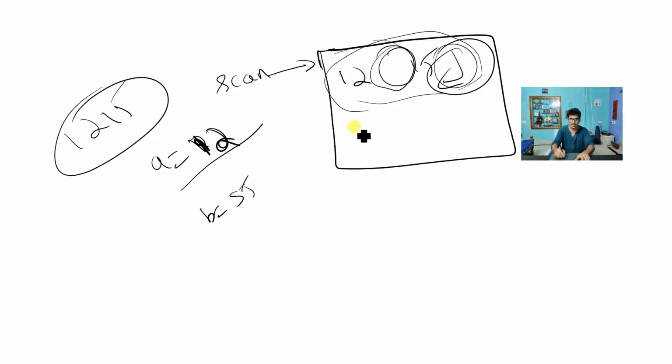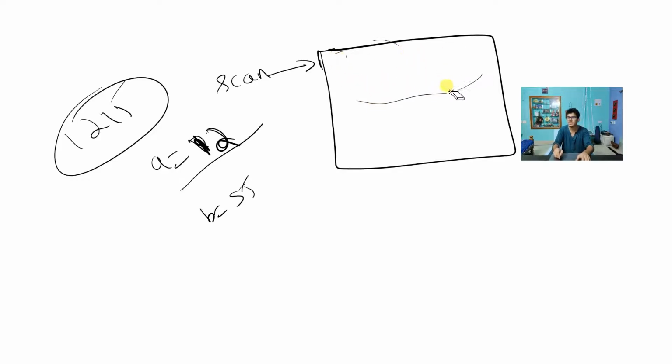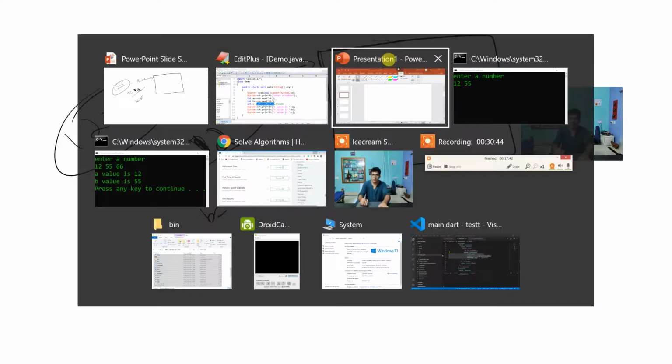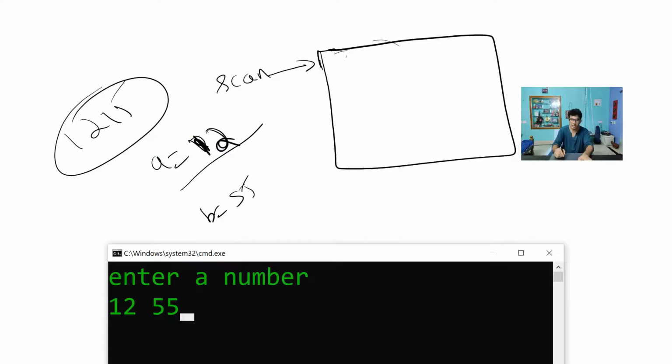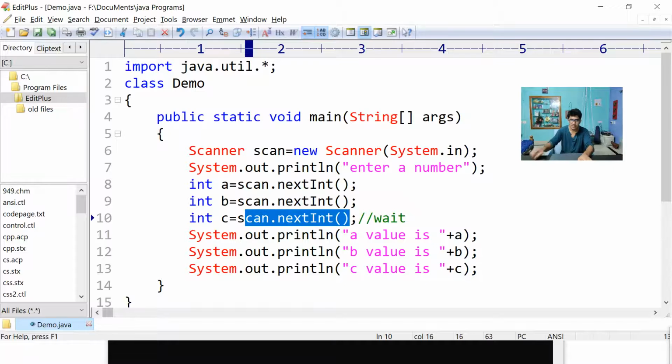Okay, I'll clear this. See, your next line is a special method. Let me first show next int, next double. Watch here. I'll write next int and remove all this.